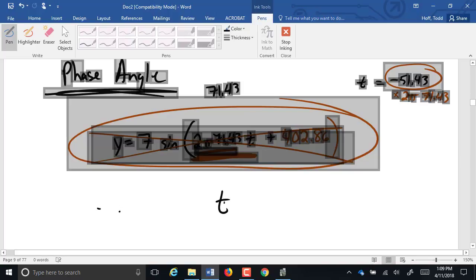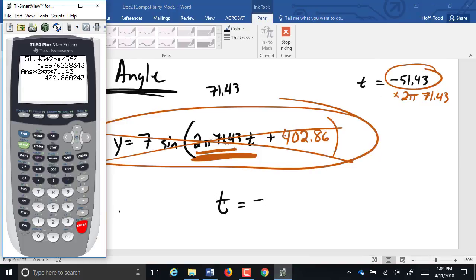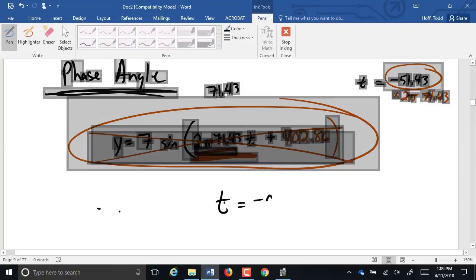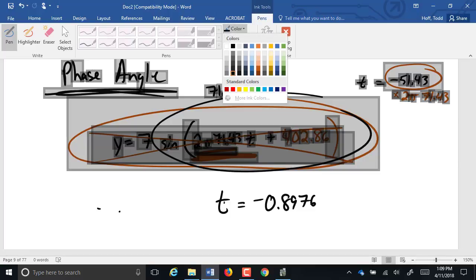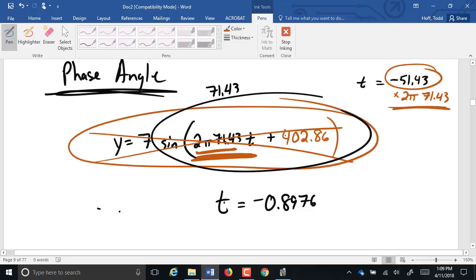I worked backwards. Technically, it's negative 0.8976 because I converted the negative 51.43 to radians. But then I needed to get it into this form here. So I had to multiply by the 2 pi 71.